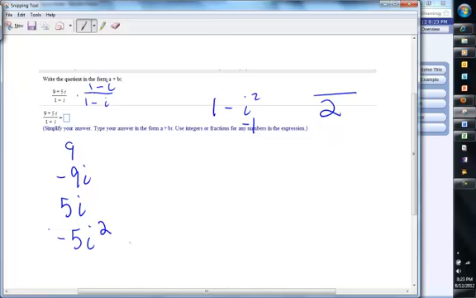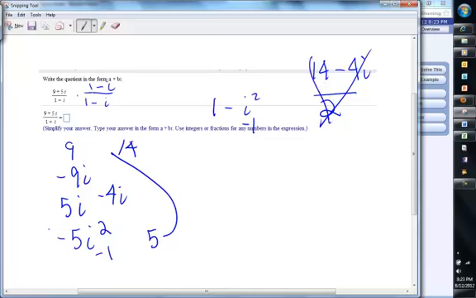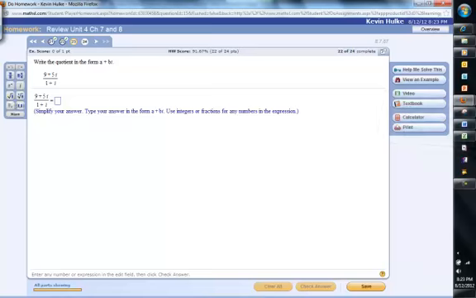But negative 5I squared is negative 5 times negative 1, which is positive 5. 9 and 5 makes 14. Negative 9I plus 5I is negative 4I. So our answer is 14 minus 4I over 2. Everything can be divided by 2, and you have 7 minus 2I.